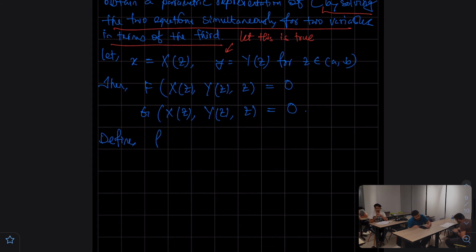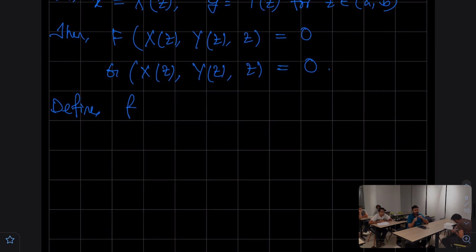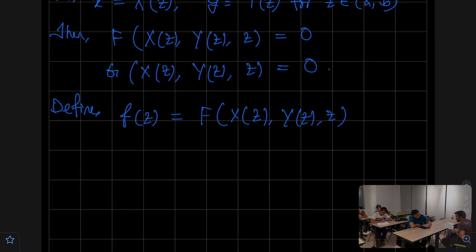Define f of, what is this? Define it. No harm in defining again, no? F of z to be f. It is clear why it is a function of z only, because everything is a function of z. And g of z is the same for g.